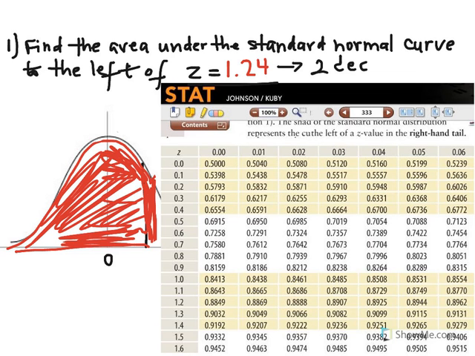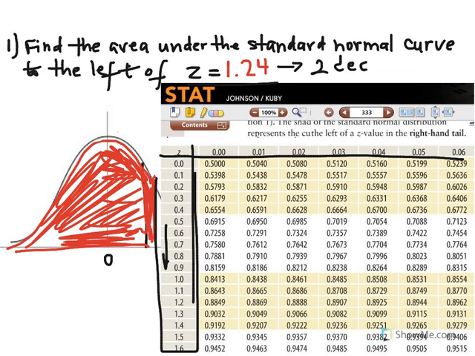The z-score is located in the margins, the column headers and row headers here, with the units and tenths digits along the left side, and the hundredths digit across the top.